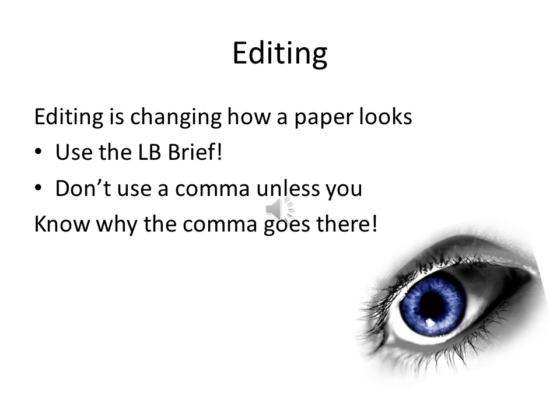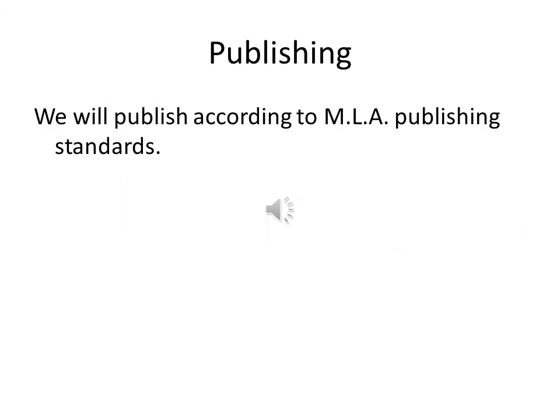The LB Brief has every rule you'd ever want to know about grammar and writing. My big rule is never put a comma in the paper unless you know why the comma goes there. I would much rather see a paper that has too few commas than one that is comma crazy. And I'm sure you all remember your middle school selves being comma crazy. So let's try to move away from that.